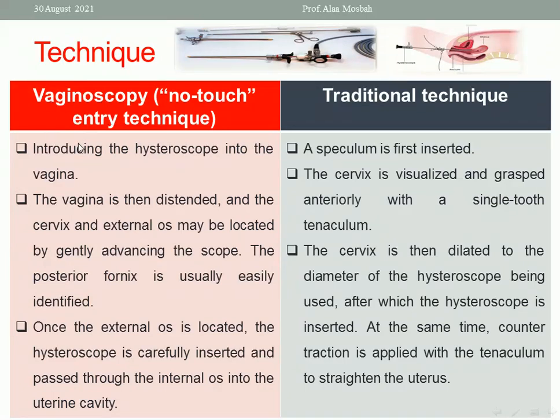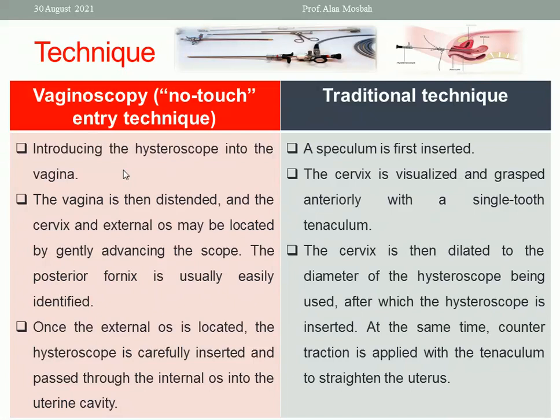For vaginoscopy, introduce the hysteroscope into the vagina. I said without inserting the Cusco speculum, just the telescope inside the vagina. The vagina is then distended by irrigation of fluid media, and or gas like CO2.